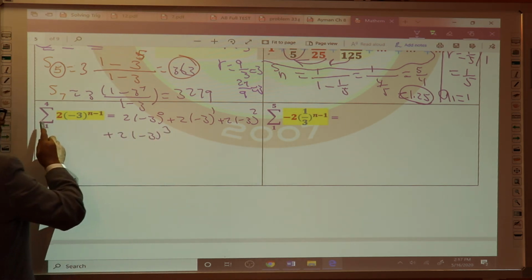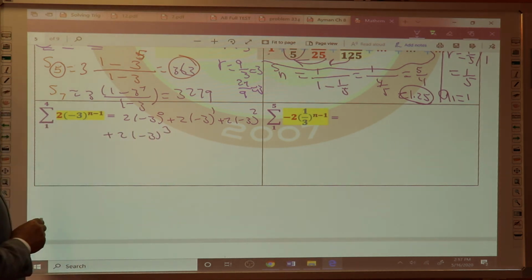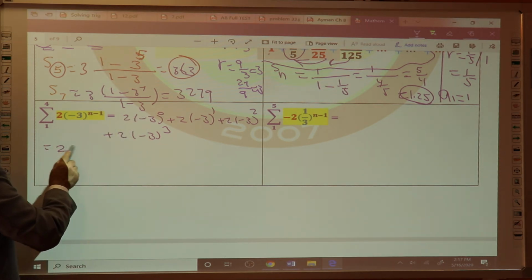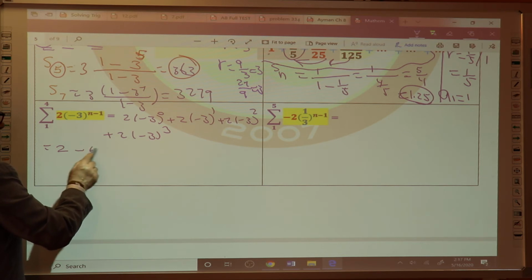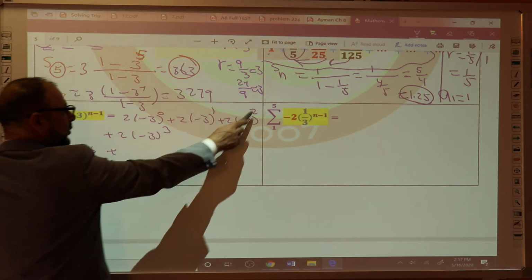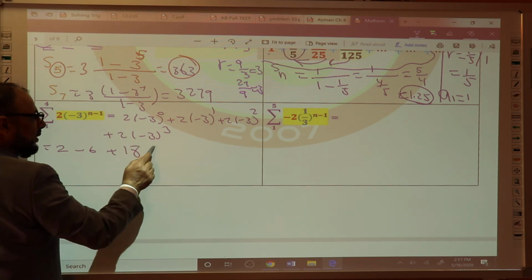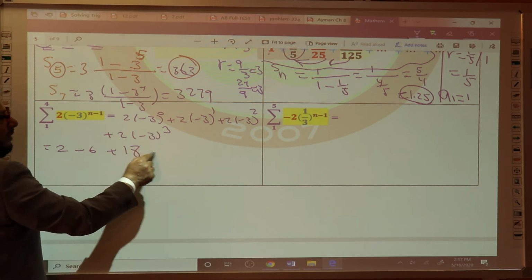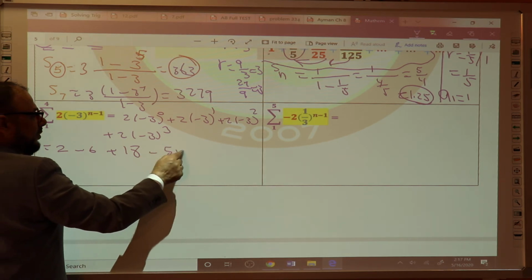It's 4 terms. From 1 I went to the 4, good. And this solve it, this 2, this is negative 6, this is negative 3 squared 9, 18, minus negative 3 cubed, negative 27, times 2, negative 54.